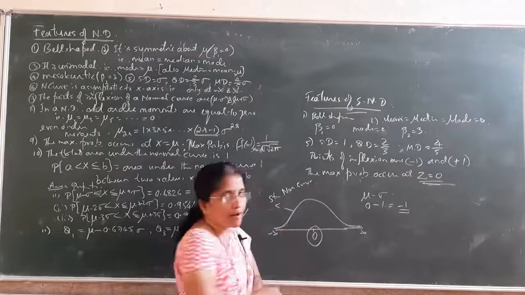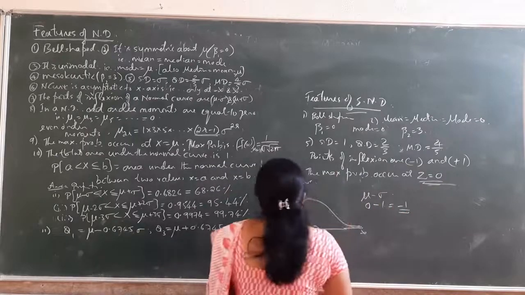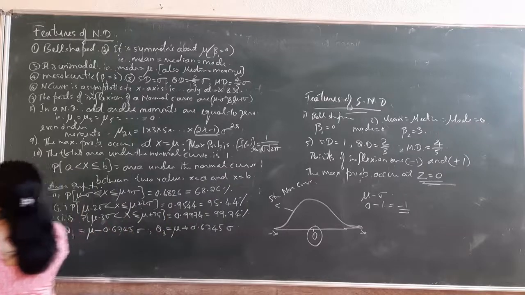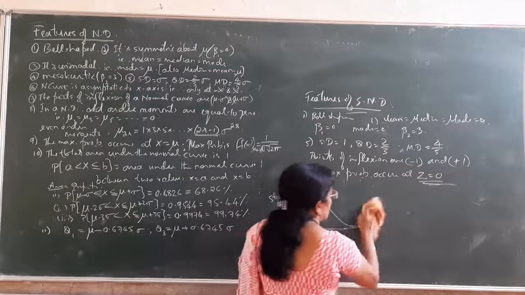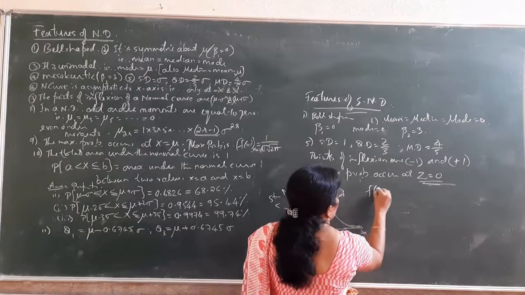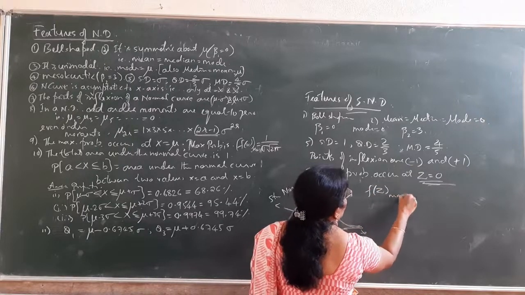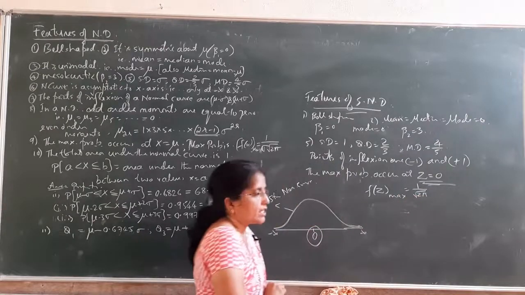And along the y-axis, probabilities. Next, what is the maximum probability? The maximum probability is 1 by square root of 2 pi. In a normal distribution, it is 1 by sigma root 2 pi. So here the maximum probability is 1 by root 2 pi, since sigma is equal to 1.